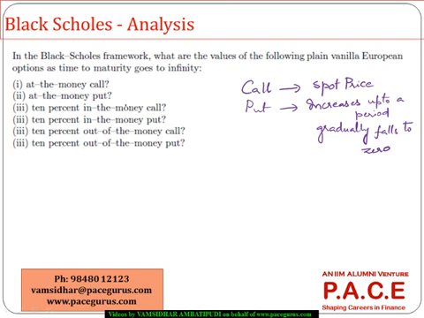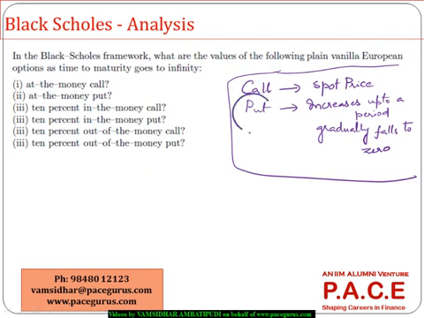So this is a simplified summary to address, though in reality we say that as the time to maturity increases, the price of the call option also increases, as well as the price of the put option. But a good understanding that we have got is, in case of a call, yes, it increases and it goes up to the spot price.